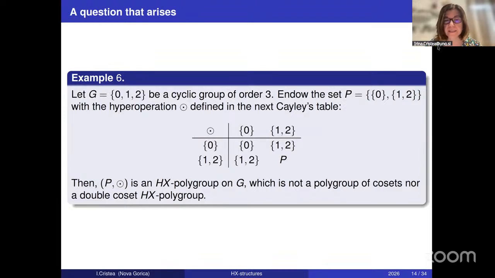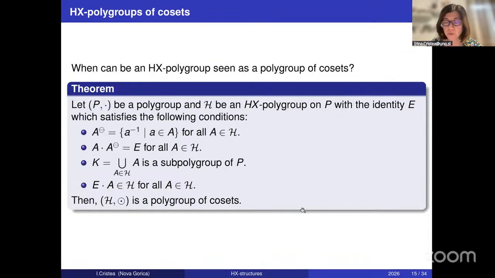So we can see that we couldn't obtain any relationship between the polygroup of cosets and double coset HX polygroups. So still we can work on this aspect. And that's why we raise this question: when can an HX polygroup be seen as a polygroup of cosets?